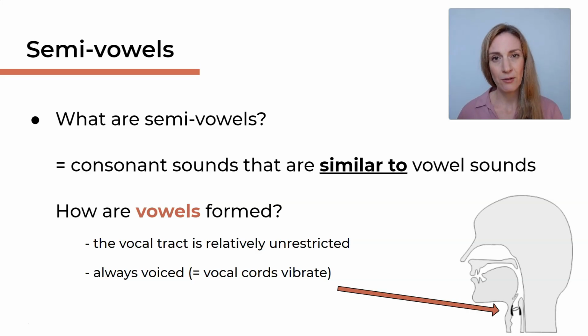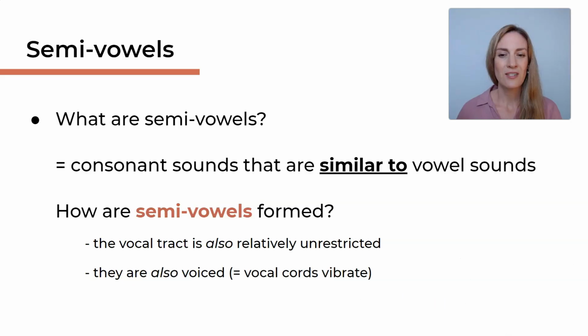So this is how vowels are formed, and before we had a look at how consonants are formed. And so how do the semi-vowels now fit in? So semi-vowels are similar to vowel sounds in a way because here we also have a relatively unrestricted vocal tract. So that means we don't really have any closure or air turbulence.